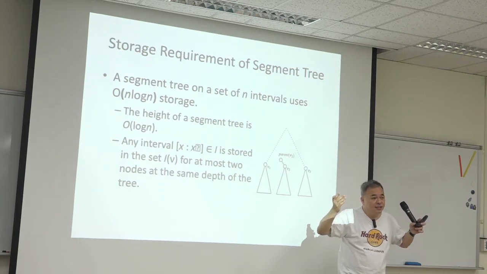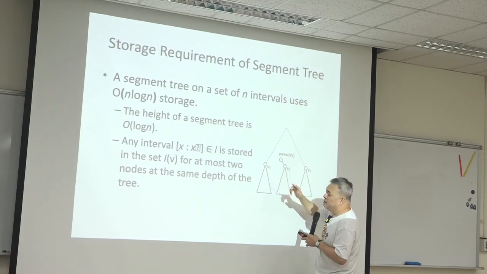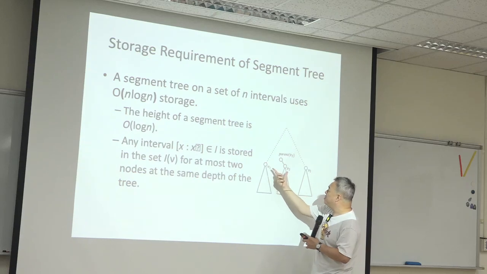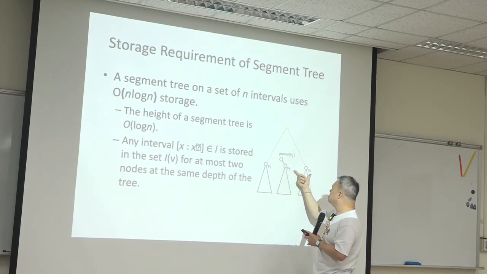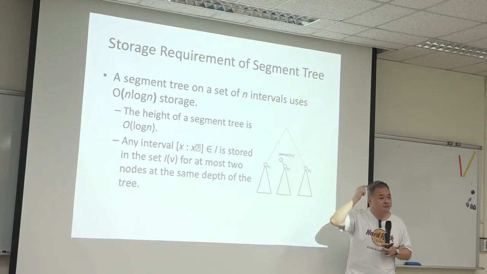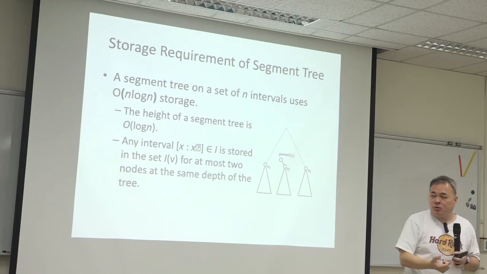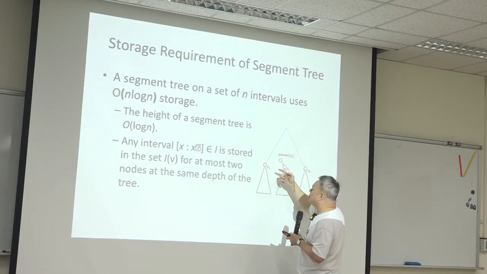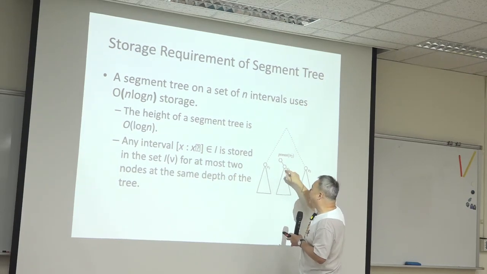But because we are talking about a binary tree, either V1 and V2 share the same parent, or V2 and V3 share the same parent. If V1 and V2 share the same parent, the fact that both store I means we shouldn't store I at this level.